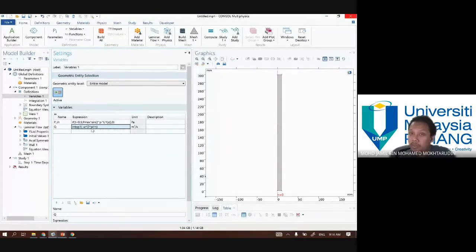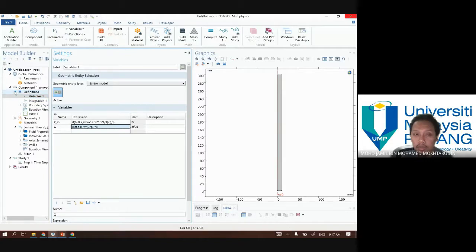When you integrate the circumference, you will get the area of the circle or the cylinder, a cross-sectional area. So 2 pi r. R here is the r of this length of this line that you highlighted.